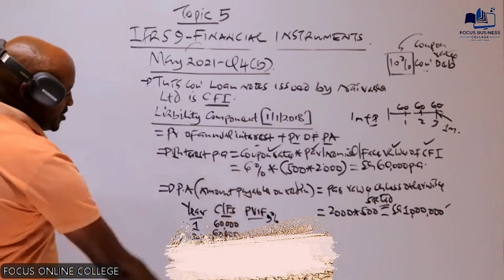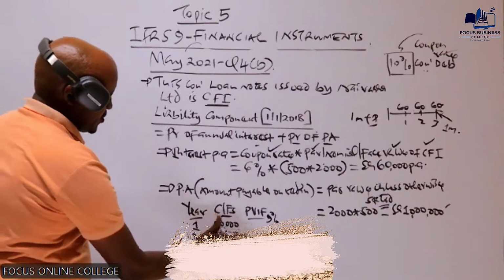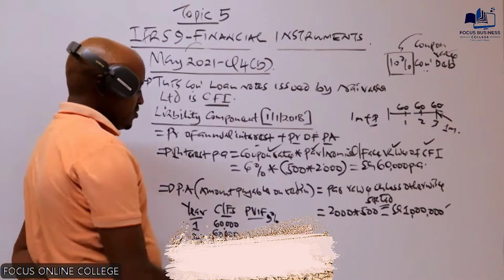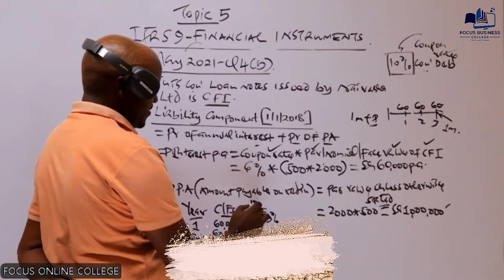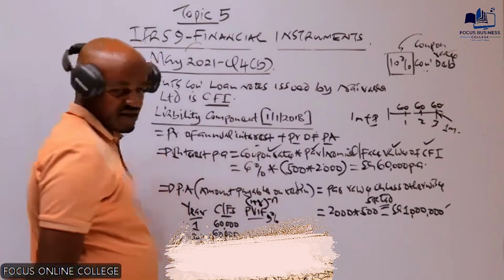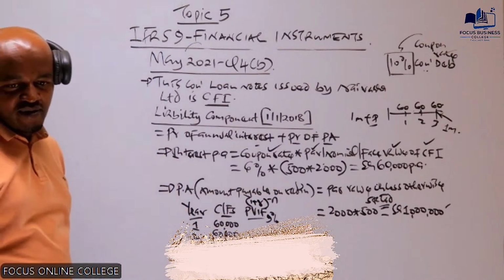So how do we compute these values? Mostly in financial reporting, you will not be given the present value interest factor tables, so you must remember the formula. The formula is (1 plus R) raised to power negative n.